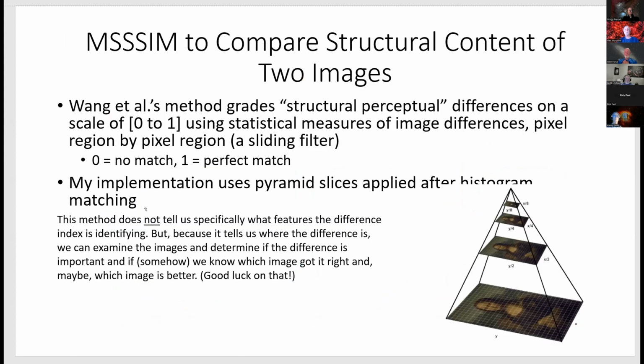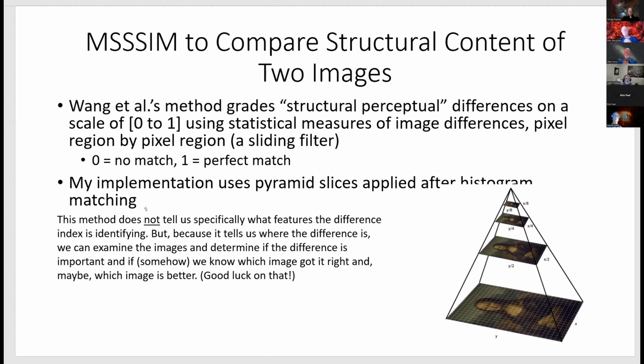Okay, then for this MSSIM, I compared the structural content. It compares the structural content of the two images. It grades structural perceptual differences on a scale of 0 to 1.